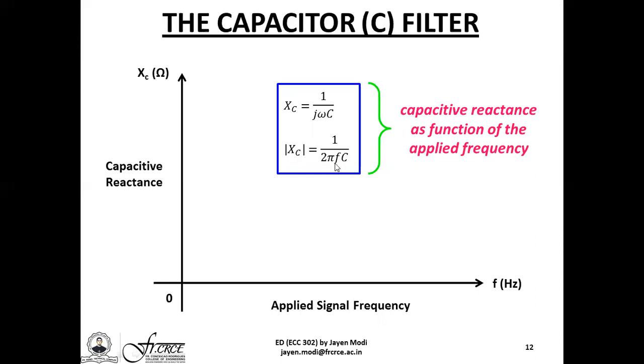Firstly, as f tends towards 0, Xc will tend to go towards infinity. And secondly, as f tends to go towards infinity, Xc will tend to go towards 0. So this equation can be plotted as shown. This is a non-linear hyperbolic curve, showing the capacitive reactance varying with the frequency f.